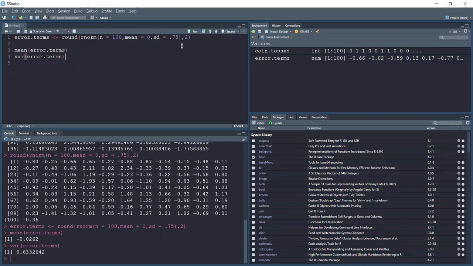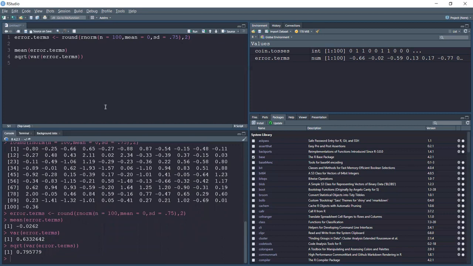Let's see, what if I square root it, right? Yeah, look, it's pretty close, isn't it? So when we took 0.75 yesterday, we decided at the outset, remember, we were playing God.